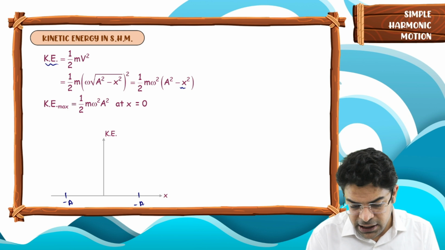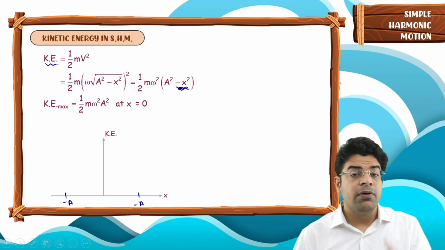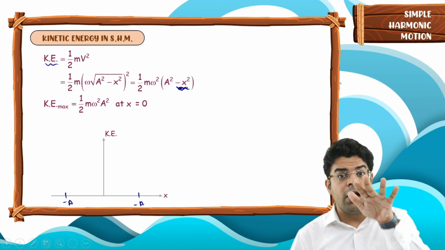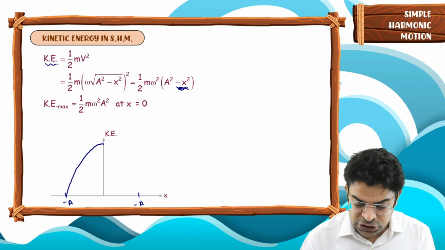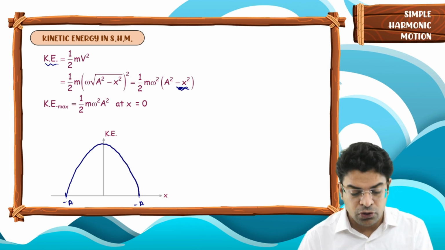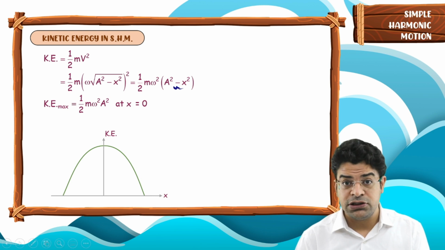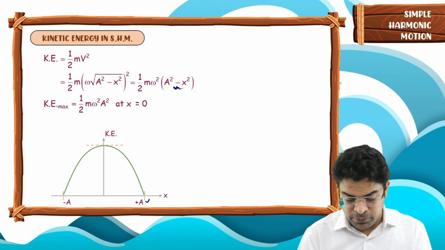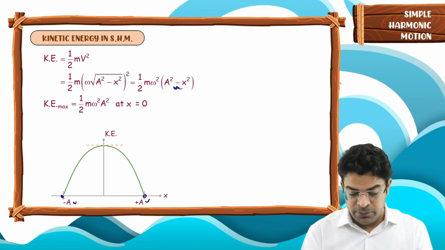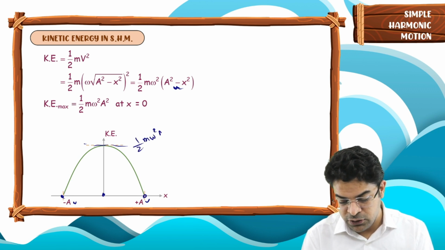As kinetic energy is a function of negative x square, we get the curve to be a parabola, mouth opening downwards. So the kinetic energy versus position curve is a parabola, mouth opening downwards. As you have got a negative coefficient of x square, it's a mouth opening downward parabola. So at x equals plus a and minus a, kinetic energy is 0. Kinetic energy is maximum at x equals 0, and that kinetic energy is half m omega square a square.